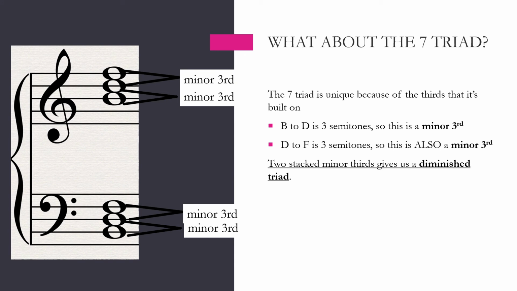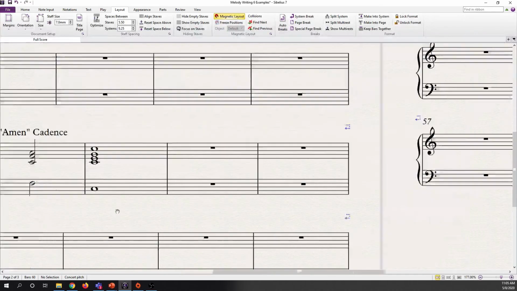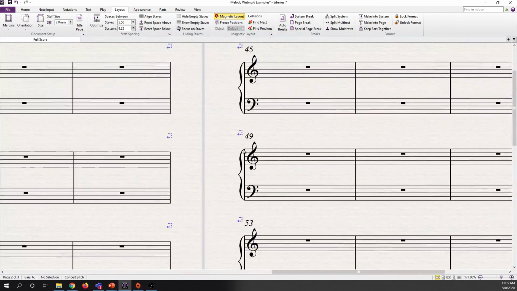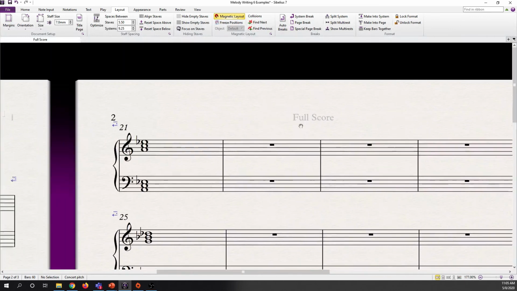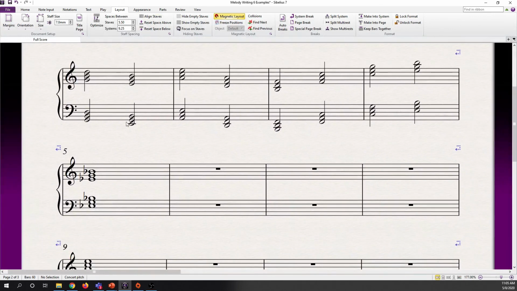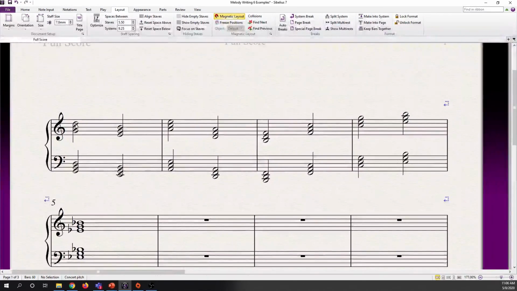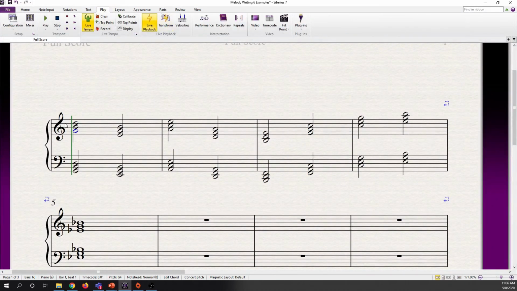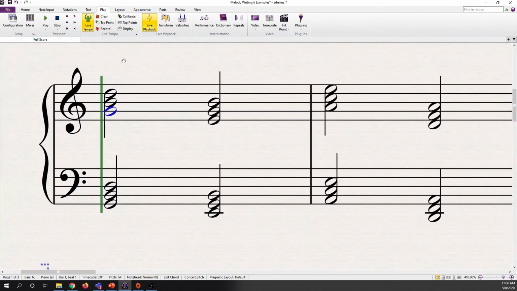So I'm going to move right over to Sibelius for a second here, and I'm just going to take the chord at the very beginning. So we have a major triad.